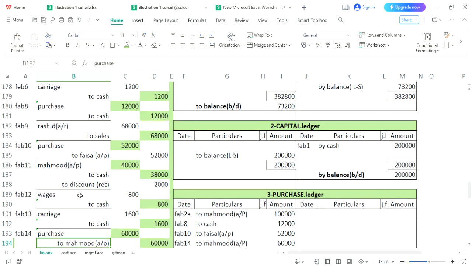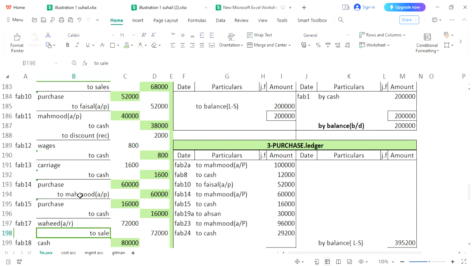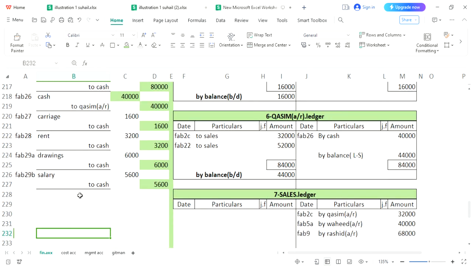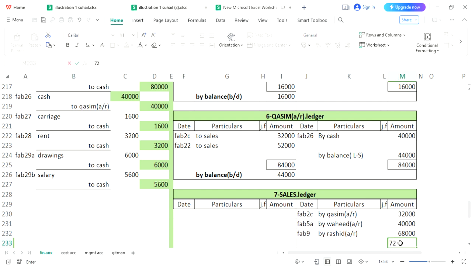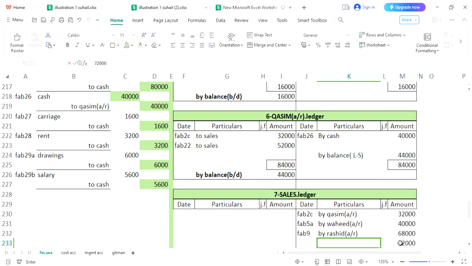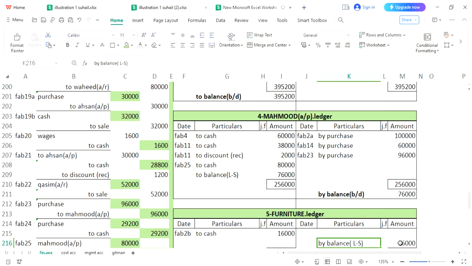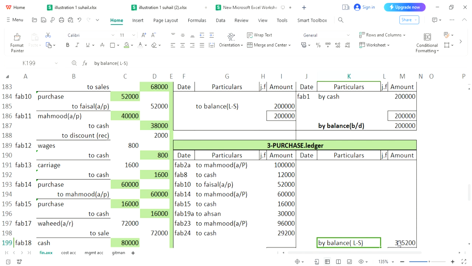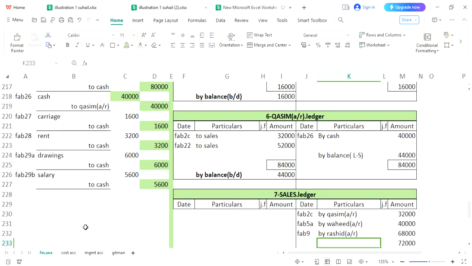If sale is present anywhere else, yes, we have found out sale is credited by 72,000. So come over here and write down 72,000, as sale was written on the credit side. Here you have found out 72,000 credit. What is written on the opposite side? Waheed account receivable.